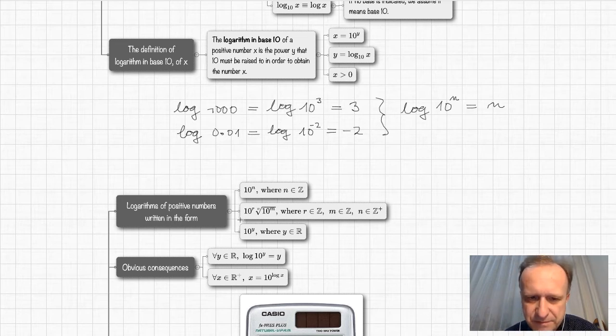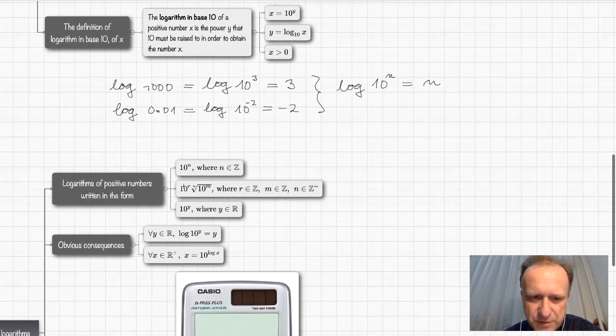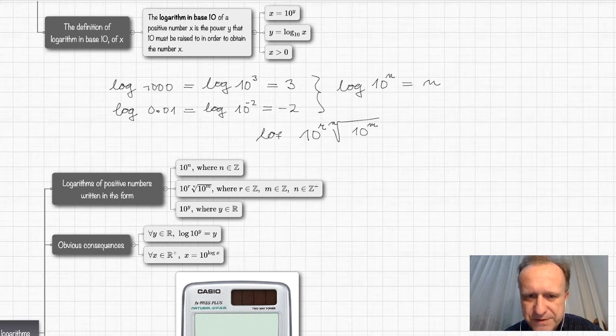Now, another situation of interest here would be numbers in the form 10 to the power of r times the nth root of 10 to the power of m. So let us think about what the logarithm of such numbers would be.